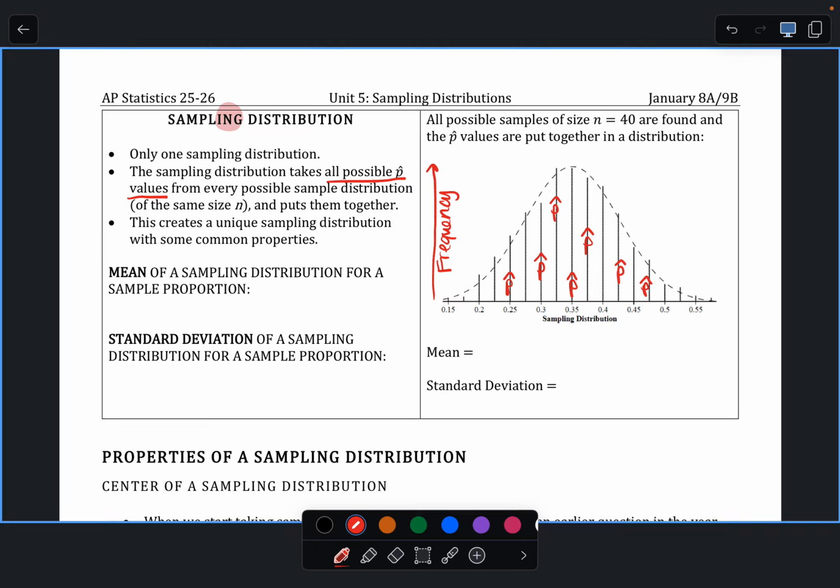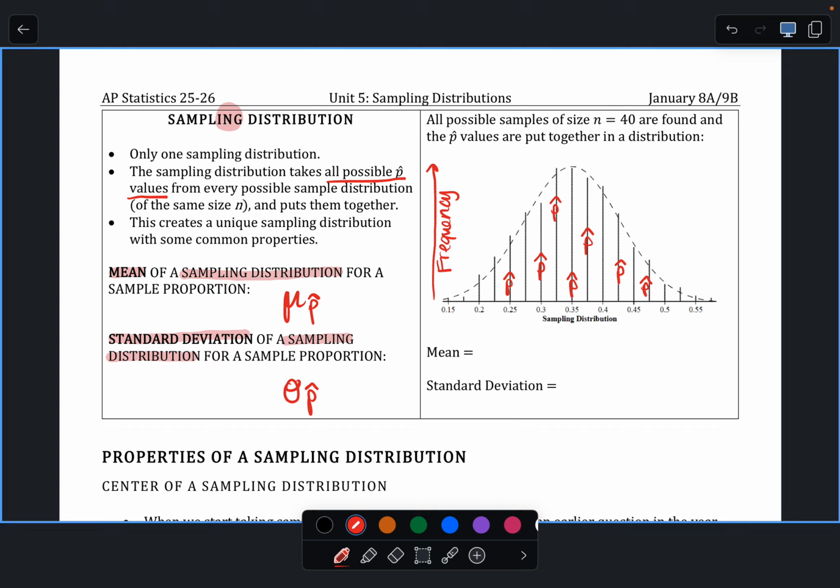There are a couple of symbols that we use. We have mu of p-hat. That represents the mean of a sampling distribution. And then we have sigma of p-hat. That represents the standard deviation of a sampling distribution.